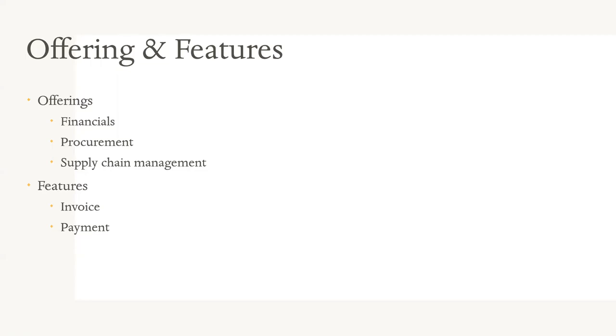This is the difference between offerings and features. An offering is global, such as financials or procurement, whereas a feature is an individual functionality, such as invoice entry, payment entry or PPR. Similar to this. Okay.